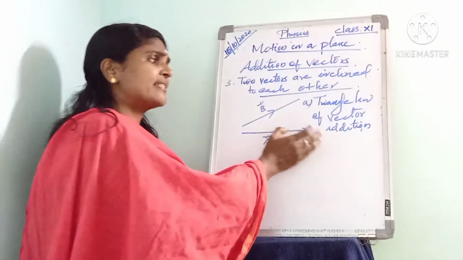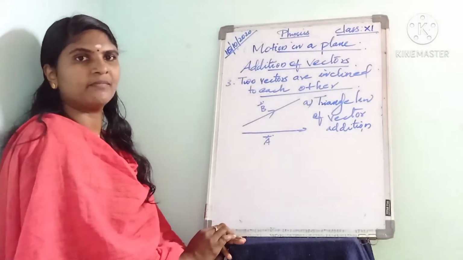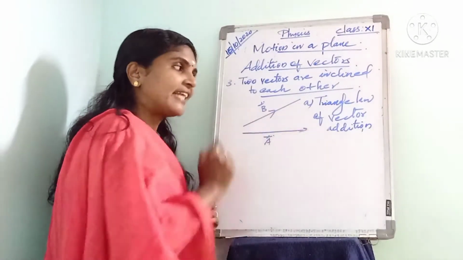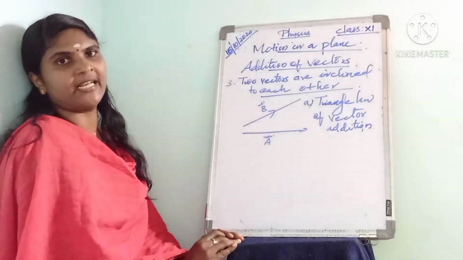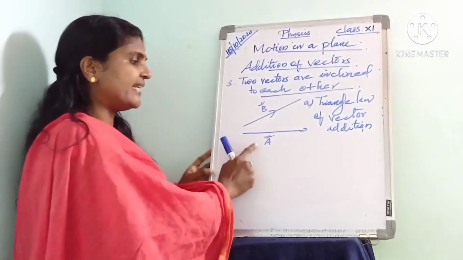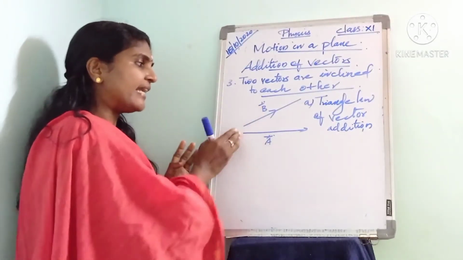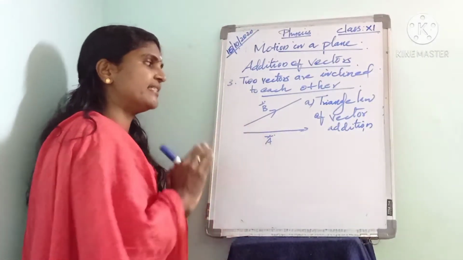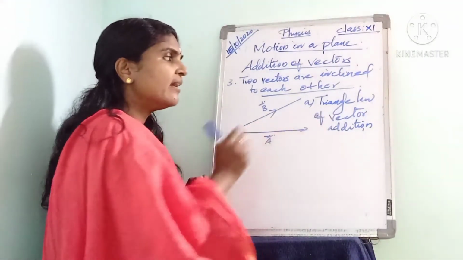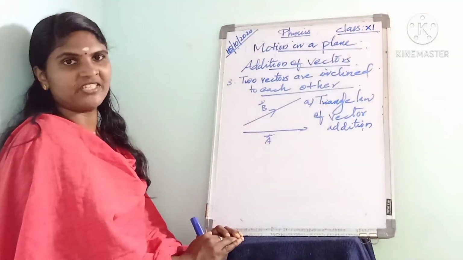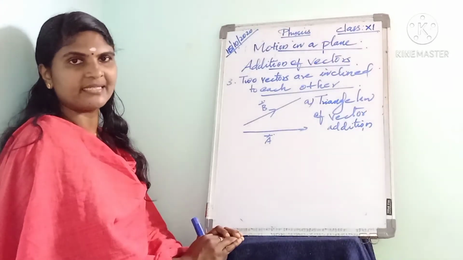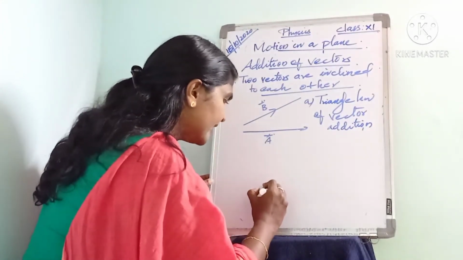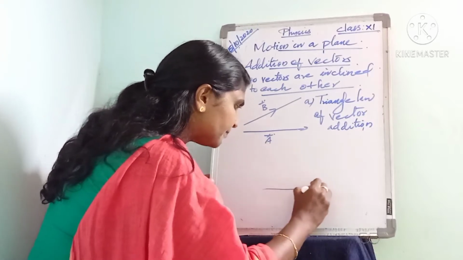Let's see the triangle law of vector addition. Then how can we add two vectors using the triangle law? Here we have two vectors A and B, inclined at some angle. We can draw vector A first.